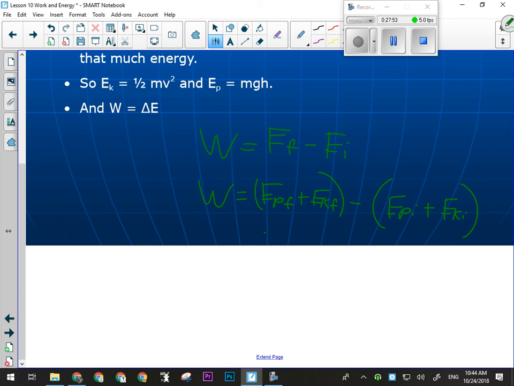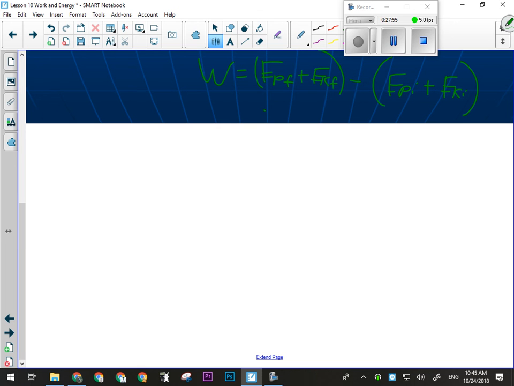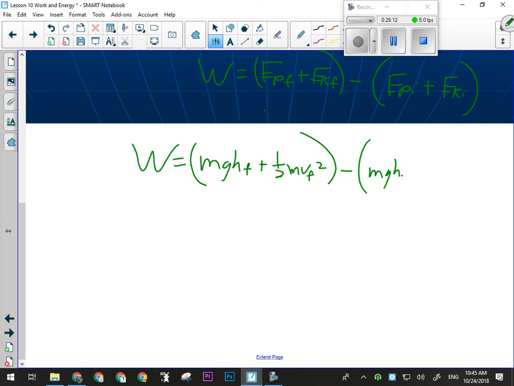So I can expand this out further, and it might actually look a little bit familiar to you from Science 10. That is that work is m times g times h final plus 1/2 m v f squared, minus m times g times h initial plus 1/2 m v initial squared.